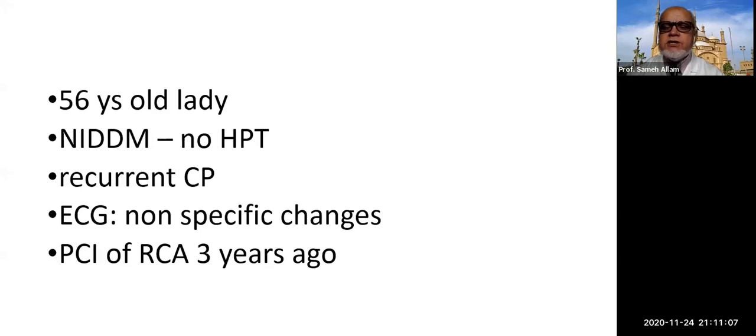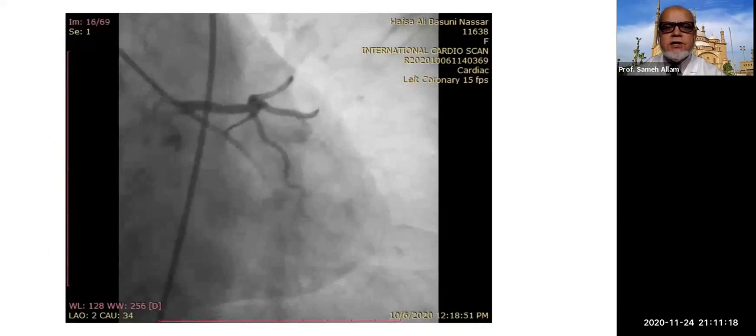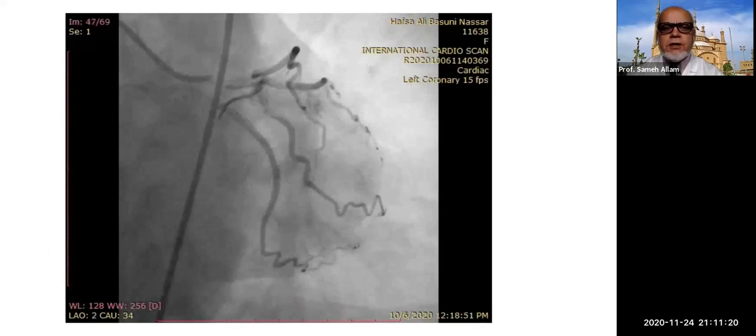So the same scenario is being repeated again. I'm going to the hospital now, and please, I need to undergo coronary angiography. She went to the hospital, and the next day we performed coronary angiography.